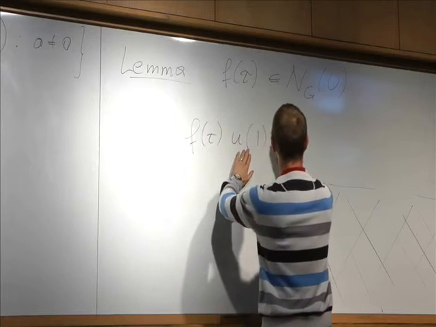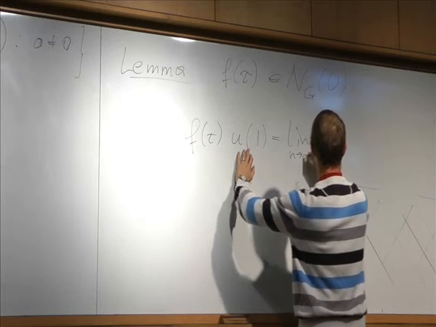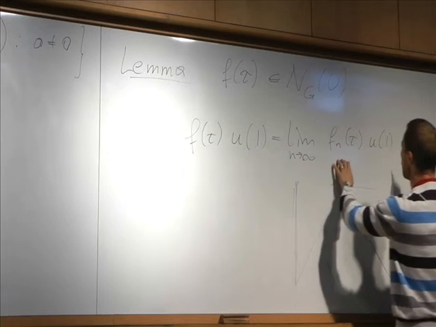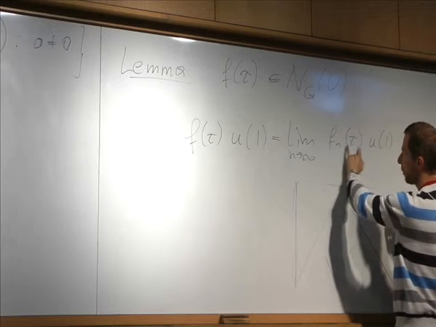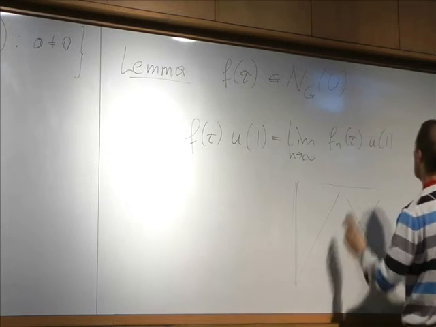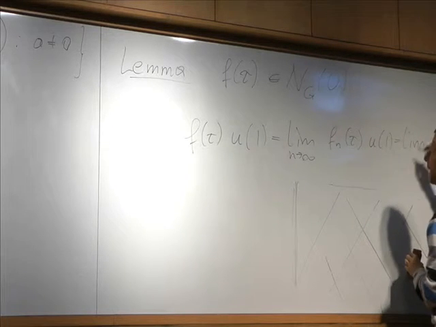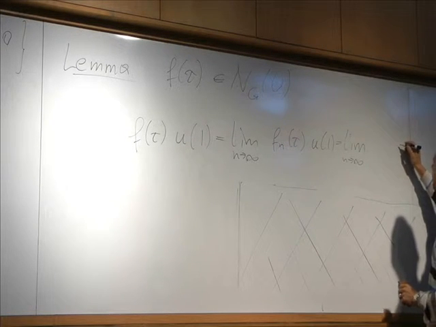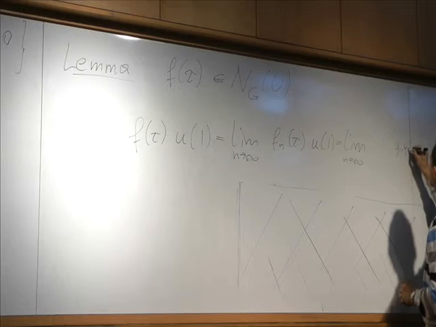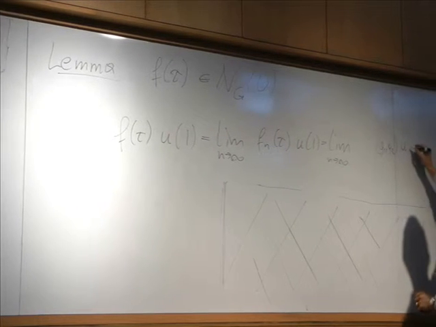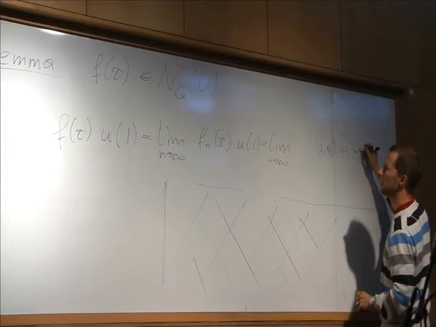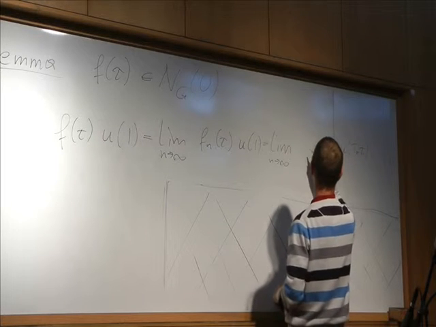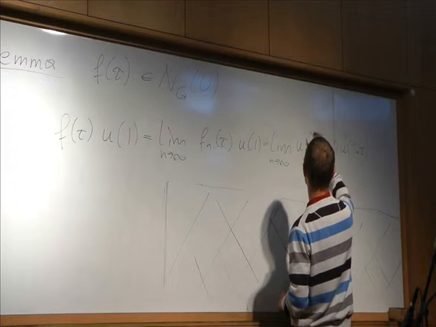So f tau u1 is of course the limit as n goes to infinity of fn tau u1. I mean that's nothing, right? But now I know what the definition of fn tau was. I know this is defined in terms of my g1, g2, then my u for the parameter tn tau, and here I will need to take some other u.